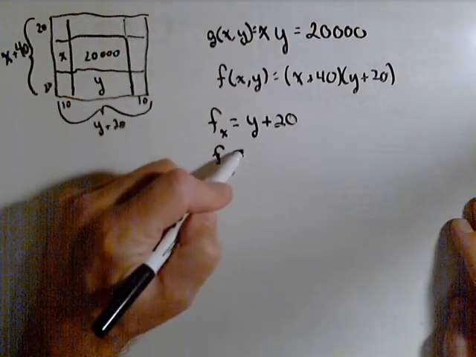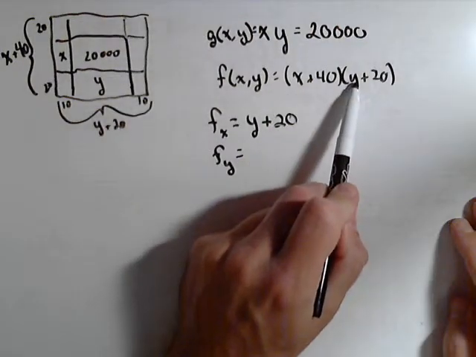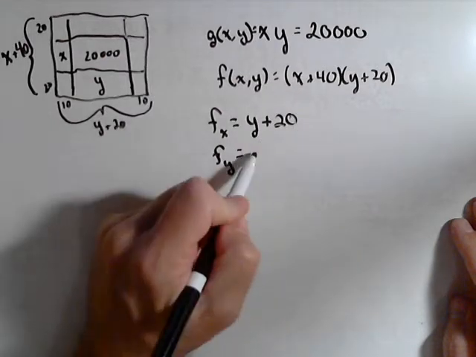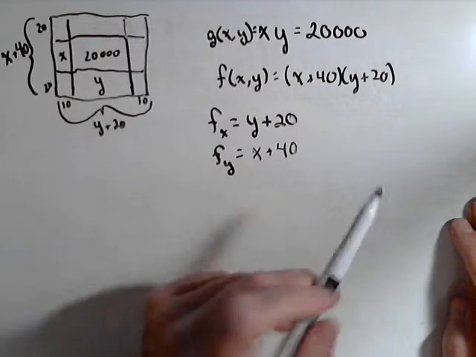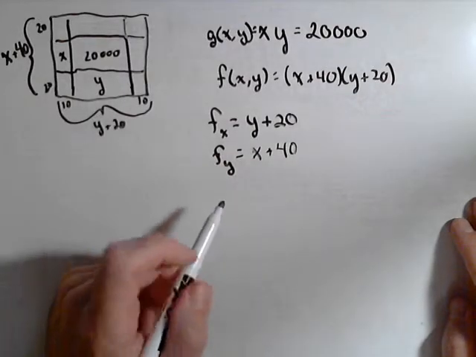F sub y is going to be similar, derivative of that's 1 plus 0, so x plus 40. I am using the product rule here, just doing a shortcut version.